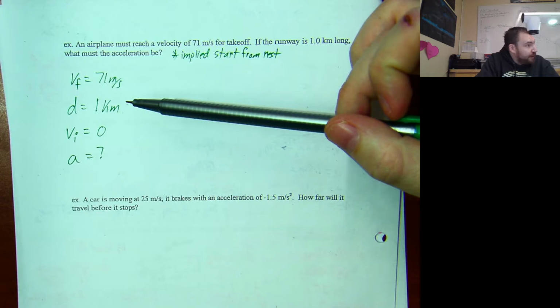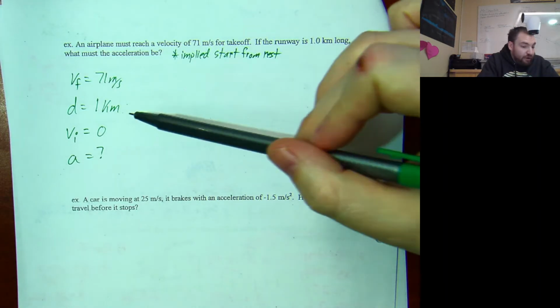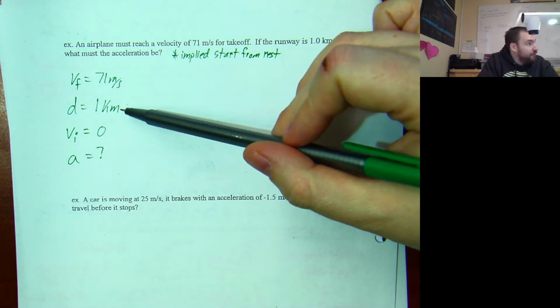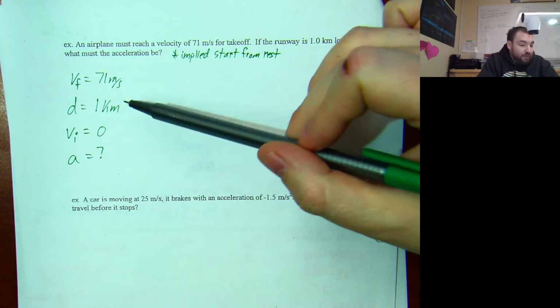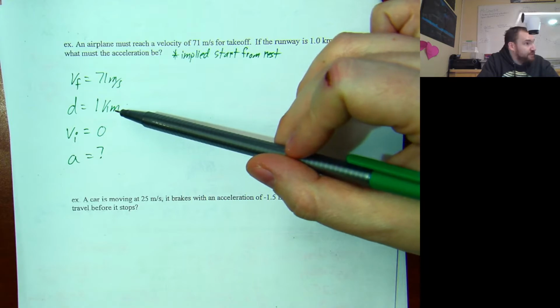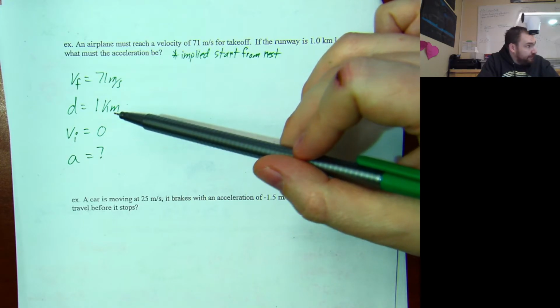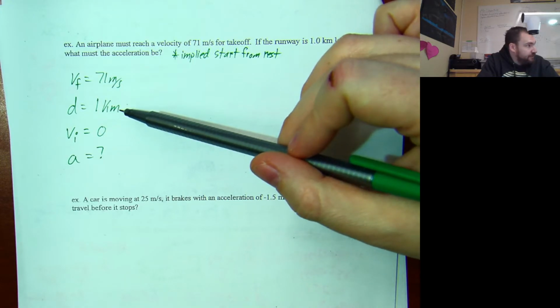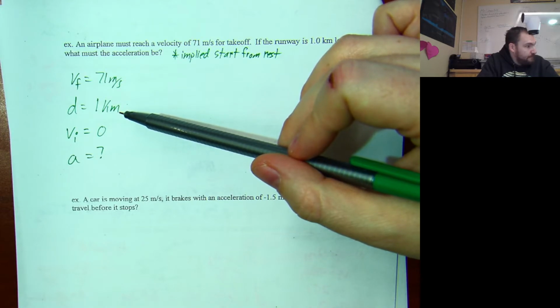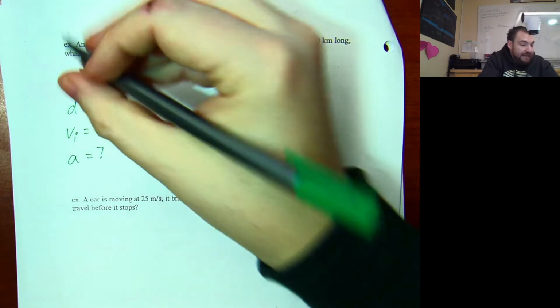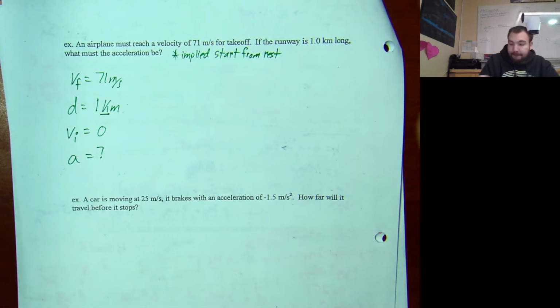unit conversion is to do what? Kilometers into, well, I want to keep it a distance. Meters per second would be a velocity. I want to keep it into meters. 1 kilometer is how many meters? Kilo means what? Kilo means 1,000.